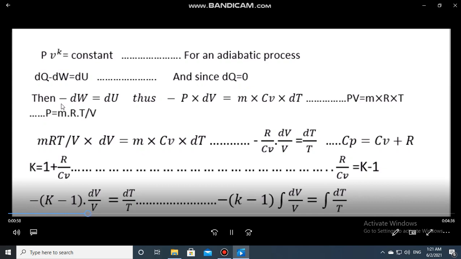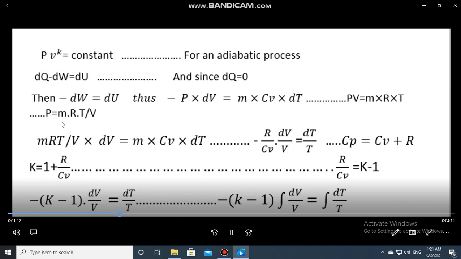we neglect dQ, which equals 0, so minus dW equals dU. And dW equals PdV, so minus dW equals minus PdV, which would be equal to m Cv times delta T. But as we know, PV equals mRT.